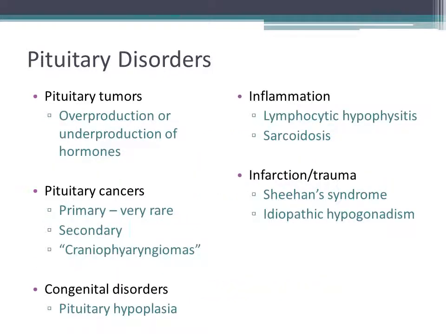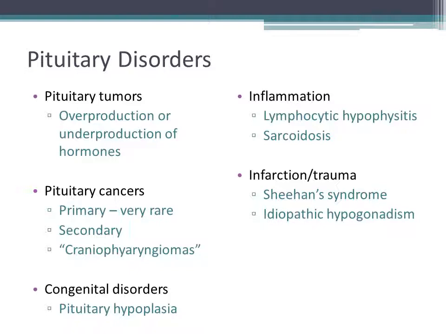Now, in general, pituitary disorders are classified into main categories, just like any other organ. So we have tumors, we have cancers, we have congenital disorders, we have inflammatory disorders, and then trauma or infarction. Pituitary tumors basically lead to either overproduction or underproduction of hormones, and we're going to discuss this later. Pituitary cancer, luckily, is extremely rare.